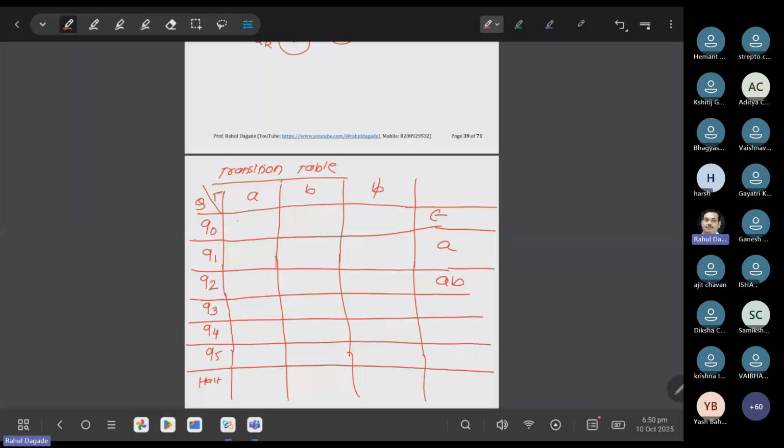Now after this, what you have to do? Do the simulation for input. Let us take the input.